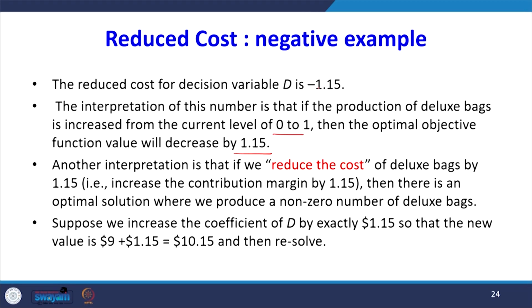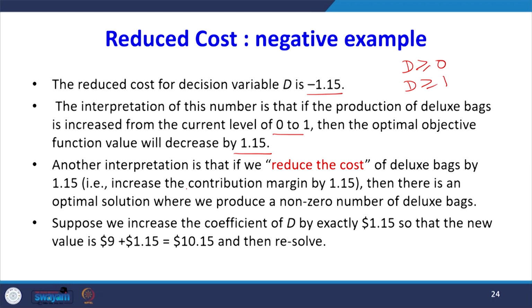We know the constraint is D is greater than or equal to 0. Suppose you want to get some positive D value, that is, you make D greater than 0. This is the binding constraint on the decision values. So what will happen? The optimal value will decrease by this much, because this is an objective function.